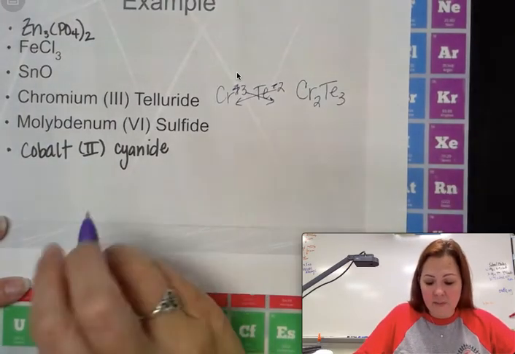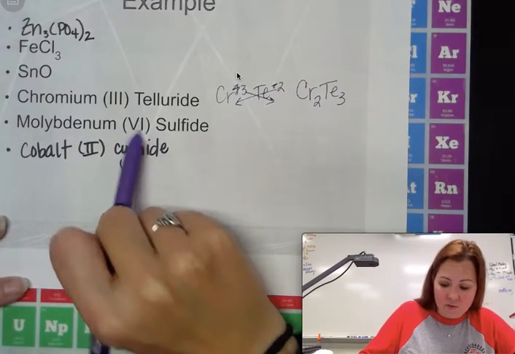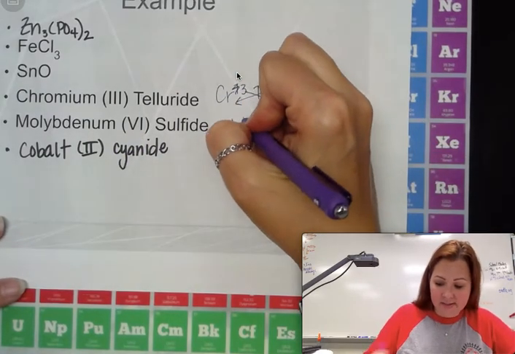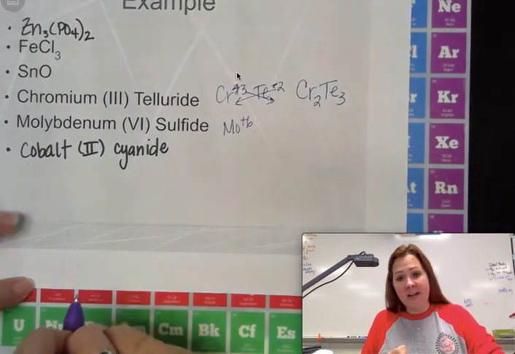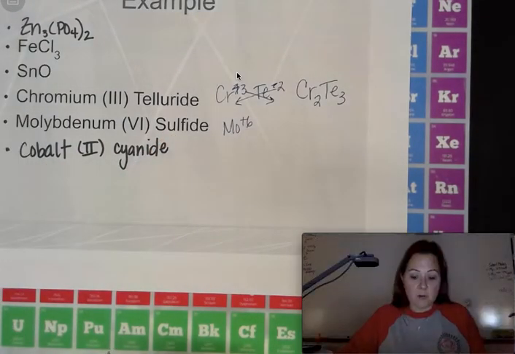Same thing, I have molybdenum(VI). So you have Mo +6. Sulfide is sulfur on the periodic table. Sulfur on the periodic table has a -2 charge.